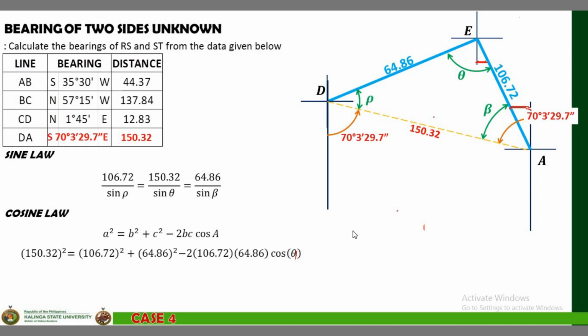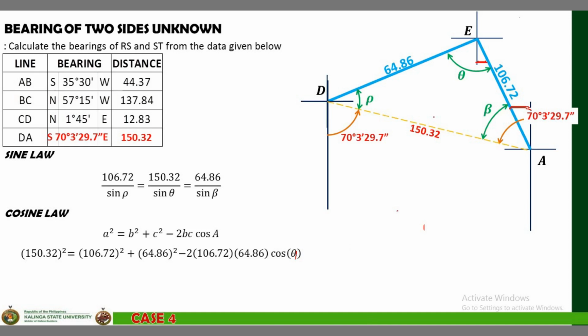Now, I will use the cosine law again to solve for the other internal angles. You can also use sine law if you want, since you already know beta. But for me, I will use cosine law. Here, I made A equal to 150.32, then B equal to 106.72, and C equal to 64.86.